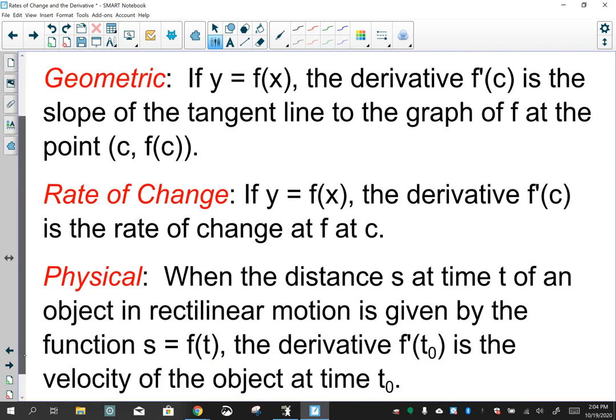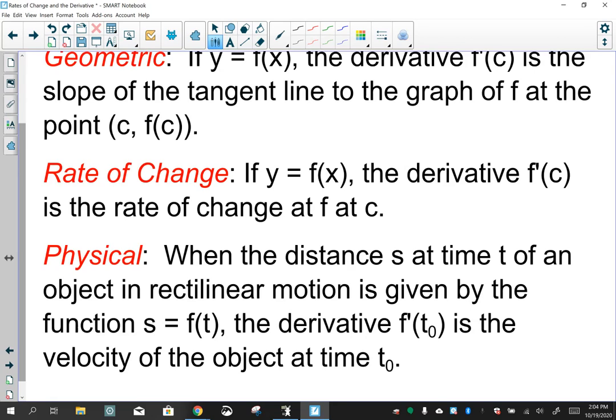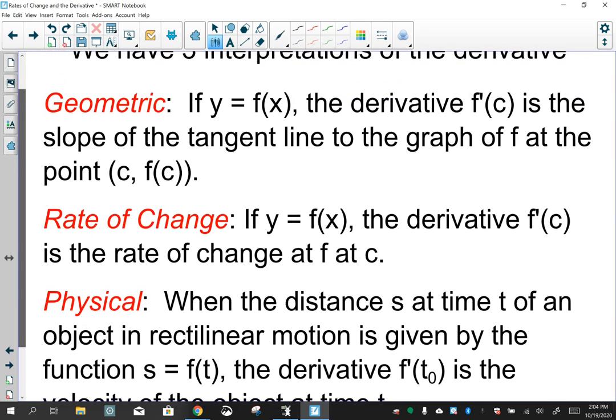And then the physical piece: when the distance s at time t of an object in rectilinear motion is given by the function s equals f of t, the derivative f prime of t sub 0 is the velocity. So physical is velocity, rate of change is rate of change, and geometric is slope.